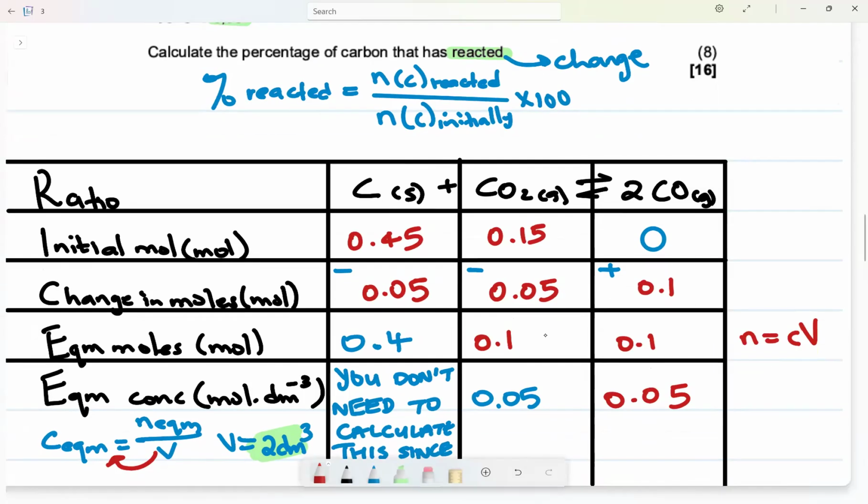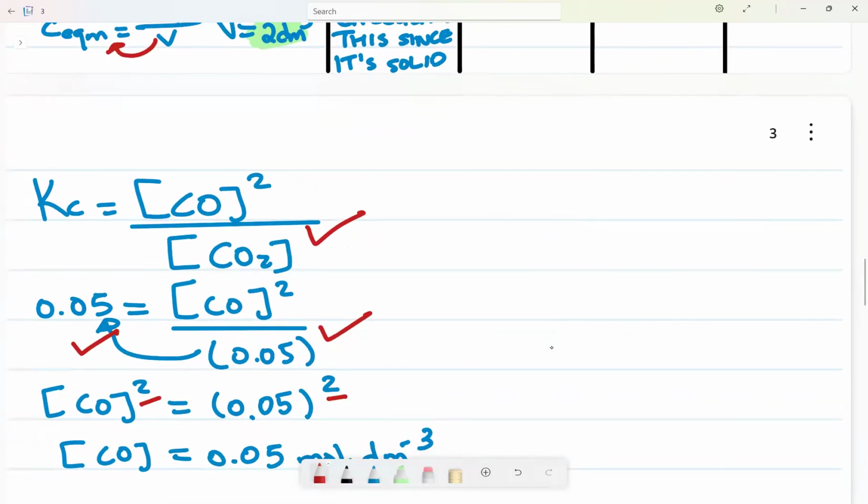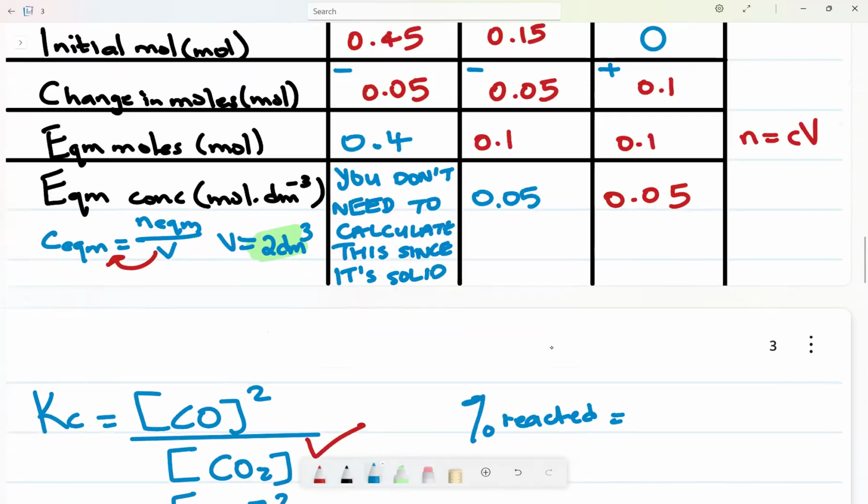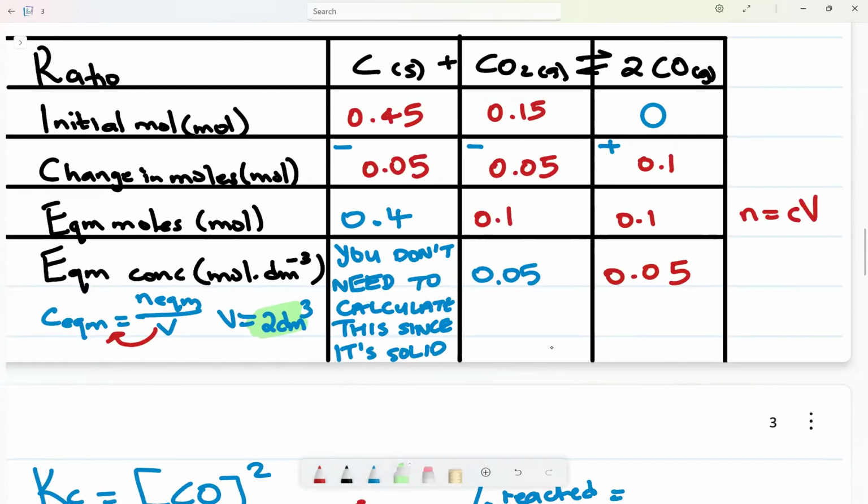But now remember, at the end of the day I want the percentage of carbon that has reacted. Remember these are the number of moles that has reacted. They change. We said minus and plus because they react.